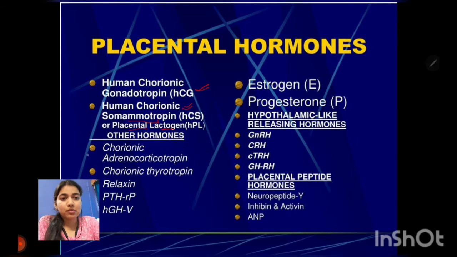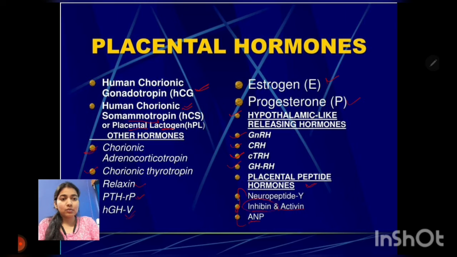And other hormones: chorionic adrenocorticotropin, chorionic thyrotropin, relaxin, parathyroid hormone-related peptide, human growth hormone variant, estrogen, progesterone, and some hypothalamic-like releasing hormones: GnRH, CRH (corticotropin-releasing hormone), TRH, and GHRH, placental peptide hormones, neuropeptide, inhibin and activin.